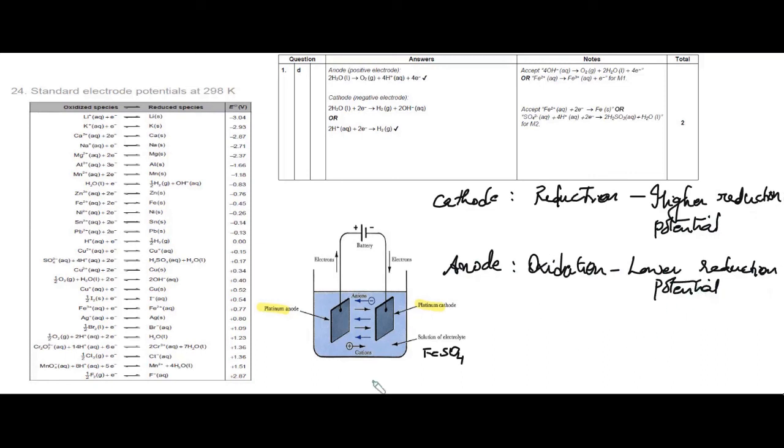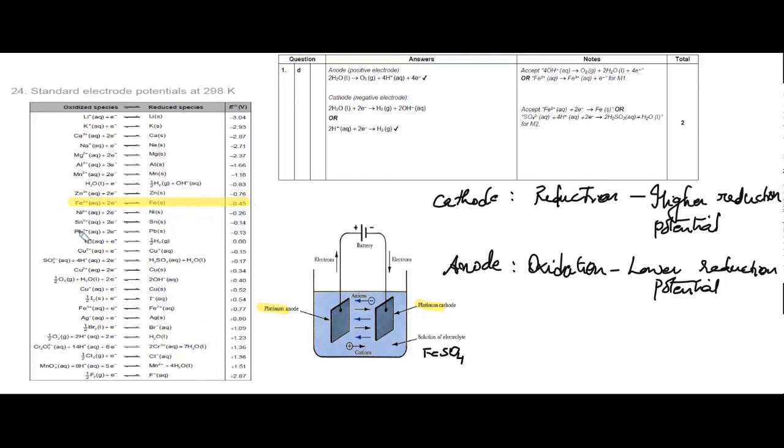Now let's see which can be the reactions that can happen at the cathode, or which can be the reactions that can happen at the anode. Fe2 plus can get converted to Fe. Its reduction potential value is minus 0.45.